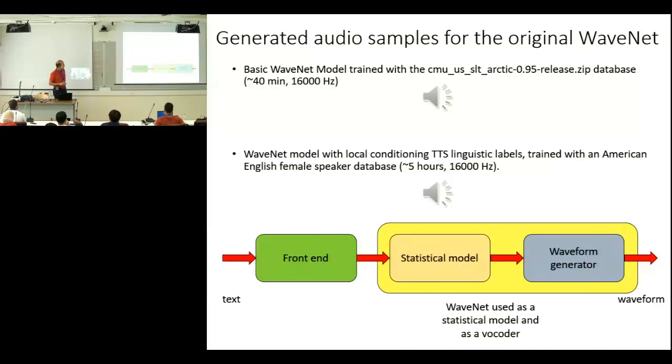Okay, the quality is not very good for many reasons. One reason was that the database was very small. The other reason was that the quality of the labels that I produced with the front end was not very good and contained a lot of noise. Let's hear how it sounds.